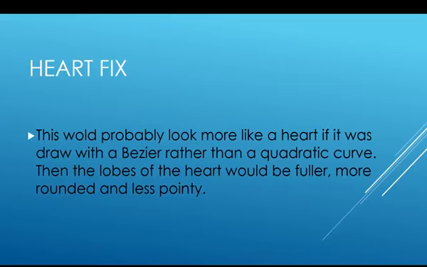I used a quadratic curve to make the heart, and it gives you these sort of pointed lobes. I think we could do better than that, and probably if we used a Bezier curve with an additional control point, we could get a heart that has fuller, more rounded, and less pointy lobes.